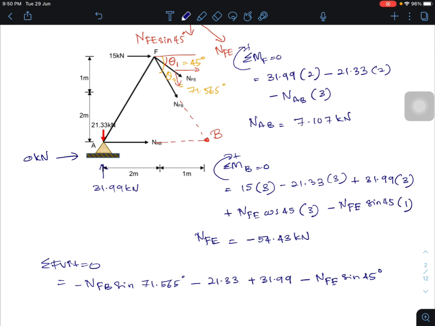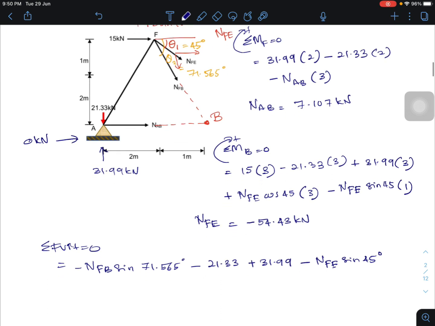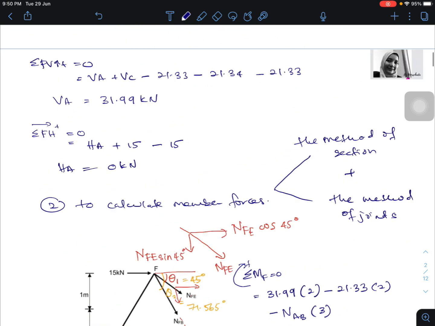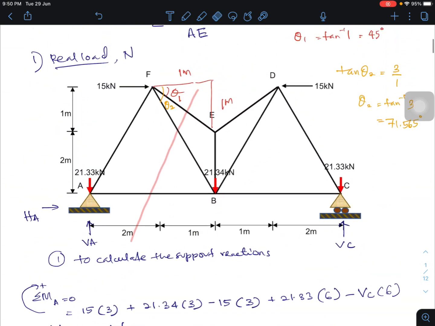So we have 4 components in this equation. So NFB is 96.77 kilonewton when we substitute this value into this equation. So in this case, we just calculate these 3 loads.